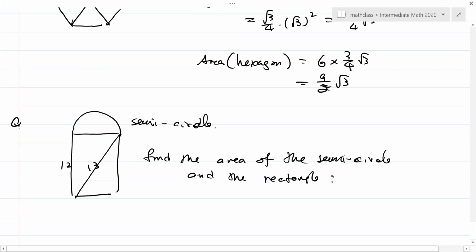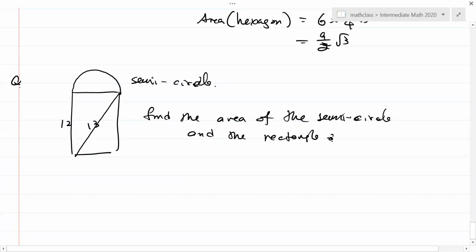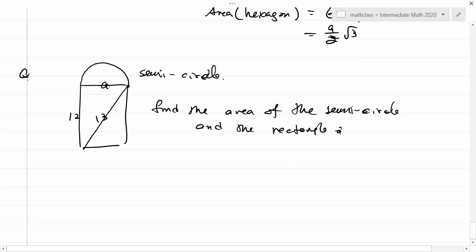All right, so look at the picture. This consists of the semicircle, right, and the rectangle, right? All you need to do is to find this side.